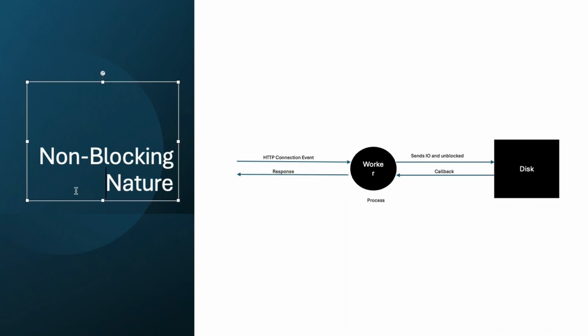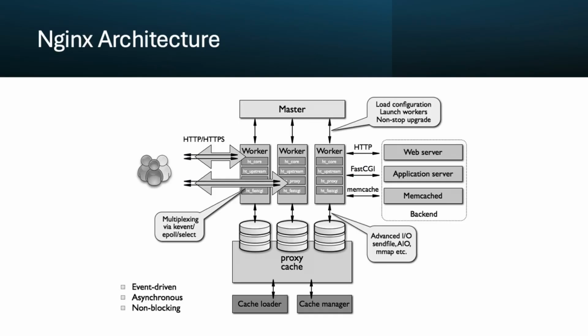So it's the non-blocking nature of your Nginx. I've been telling you this since the beginning. This whole set of properties, event-driven, asynchronous, non-blocking nature and callbacks, makes Nginx work much faster in comparison to the Apache web server, right?